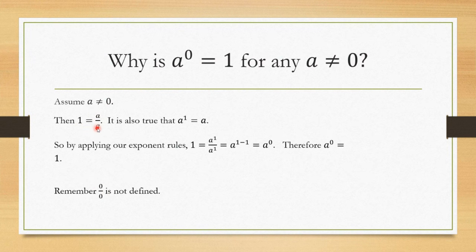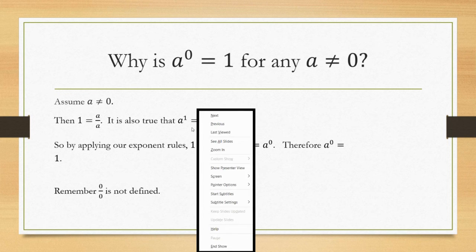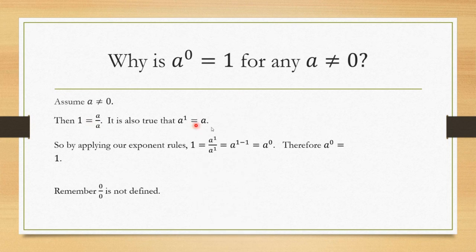Okay, so we have this. We also know that a to the first is a, right? That was part of the first definition of exponents that we saw. Using this in here, we have this, using our exponent rules.